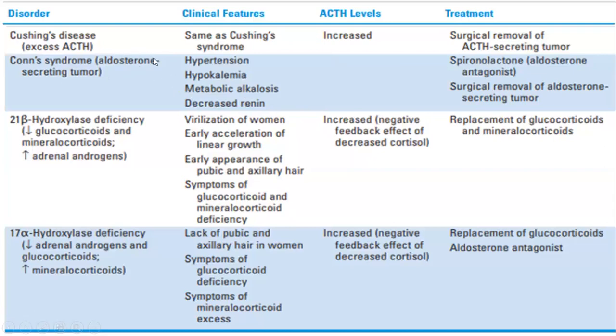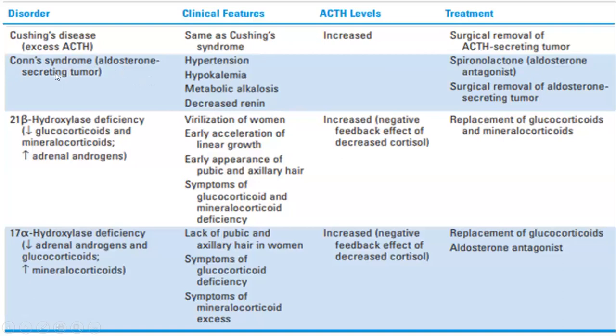So this would give a feedback mechanism causing a decrease in renin synthesis. Then this is usually treated with spironolactone, which is a diuretic, no? An aldosterone antagonist. And of course, we address the problem by removing the tumor.